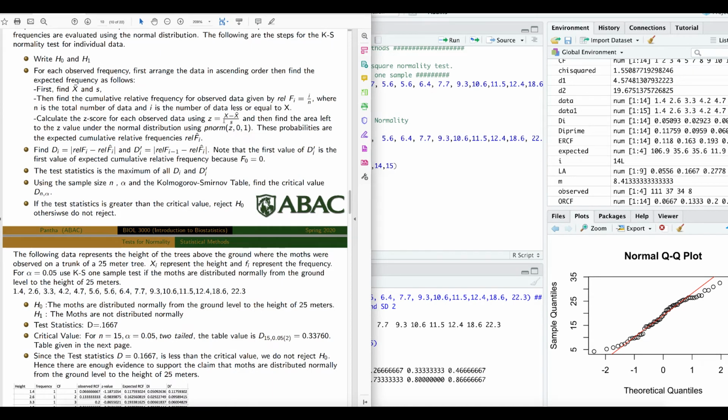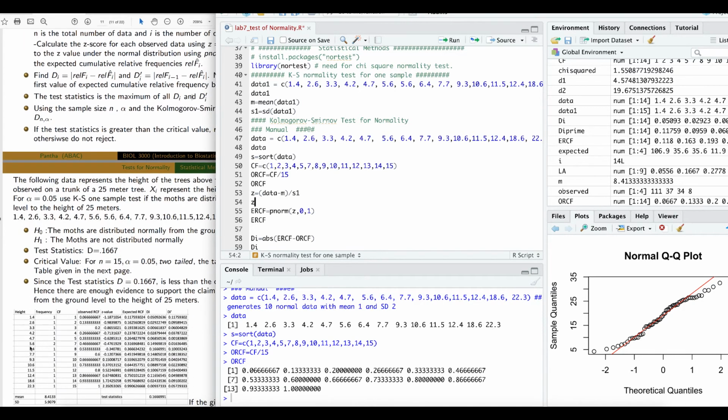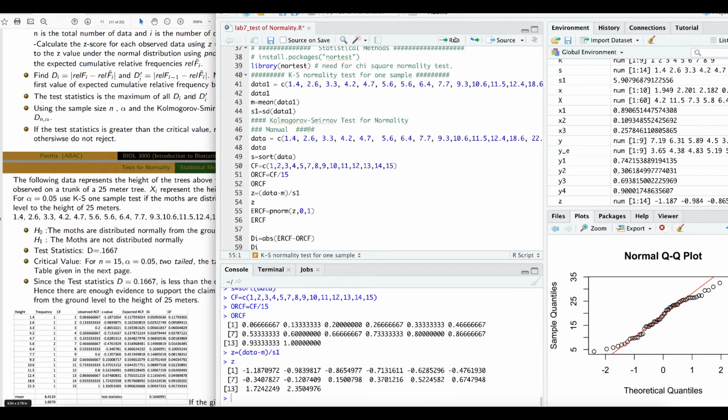Here I am not copying 5.6 twice, I'm copying it only once, because it is repeated twice in the data. But the actual mean and standard deviation should be found from the original data. So I found the mean and standard deviation and denoted them by M and S1.